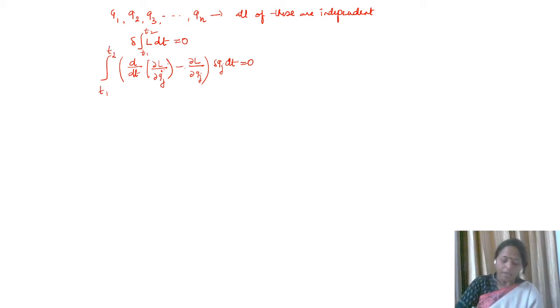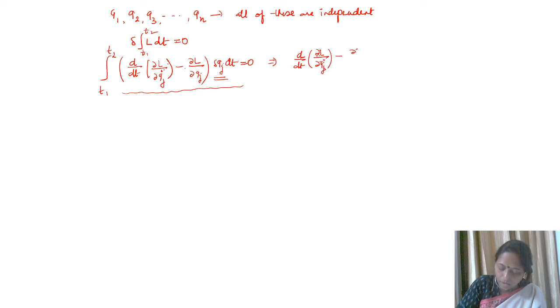And if all of your qj's are independent, naturally δqj will also be independent. Then by using the fundamental lemma of calculus of variations, we easily say that the integrand has to be 0: d/dt of ∂L/∂q̇j minus ∂L/∂qj is equal to 0. And what is it? It is the Lagrange's equation of motion. So solving this equation, I can describe my dynamical system.